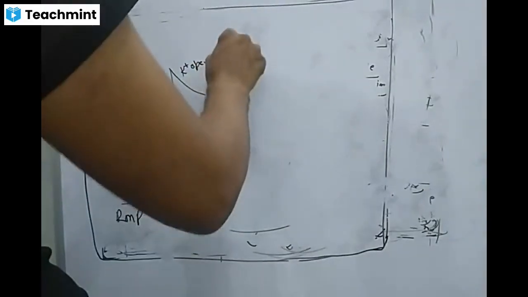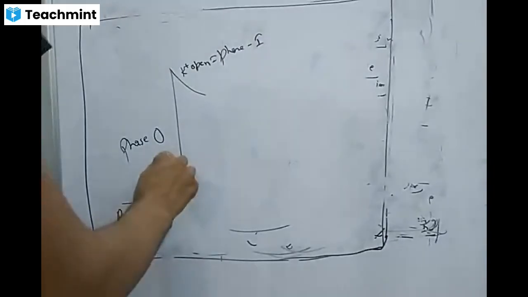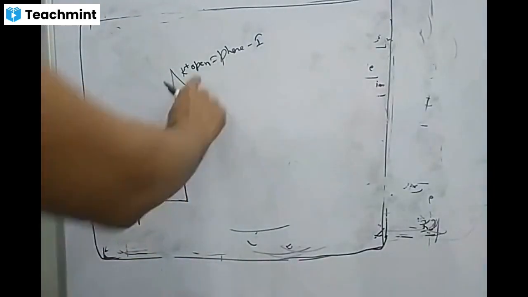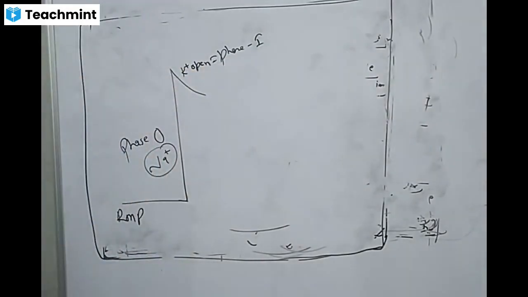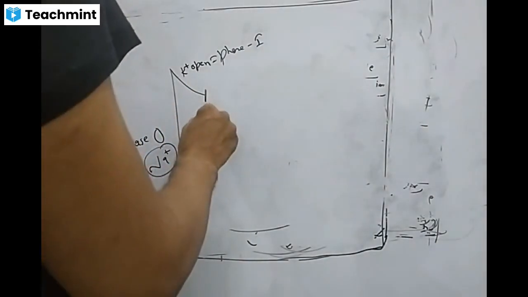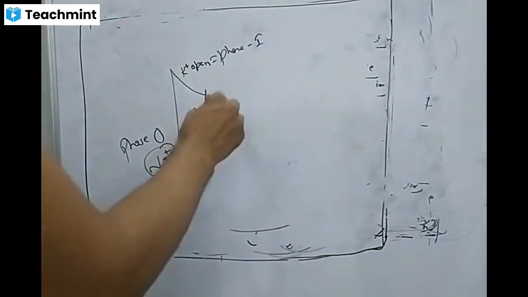This is your phase 1. Here the sodium channel opens in phase 0, then the potassium channel opens. What starts? Repolarization. At this point, calcium channels also open.